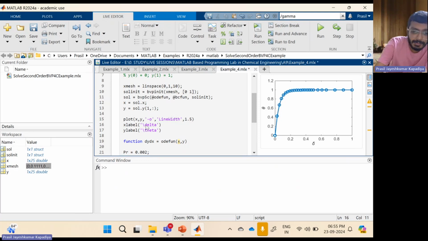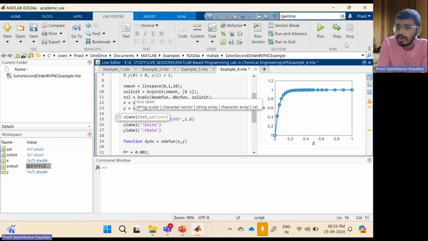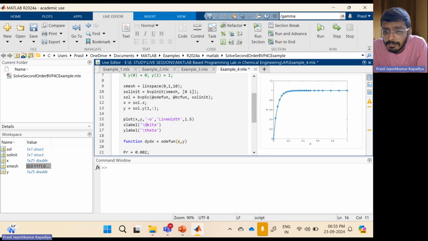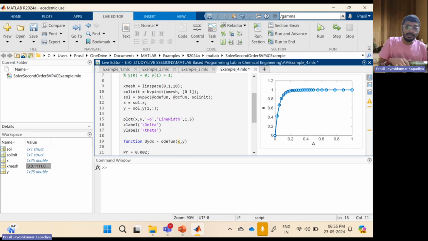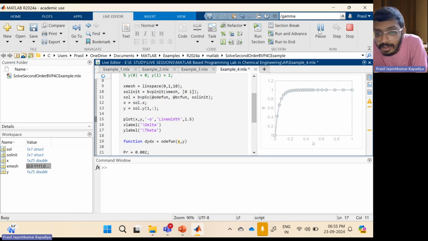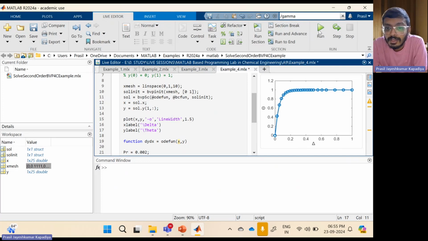But let's see if I want a capital letter. I don't know if this will work or not, I'm just trying it. I want capital delta, meaning a bigger delta. If I start with a capital D, then it will show me. If I write capital theta here, it will show me the big uppercase letter of theta. So see, it is showing me uppercase. So this is how you can do it.